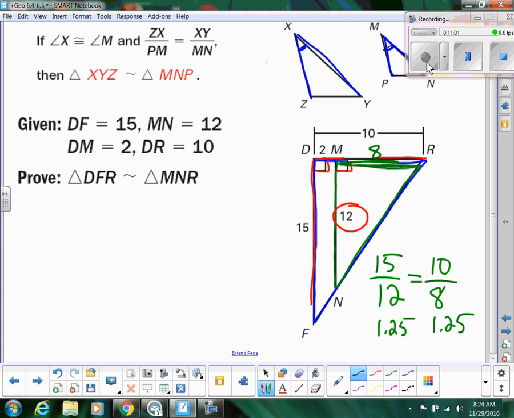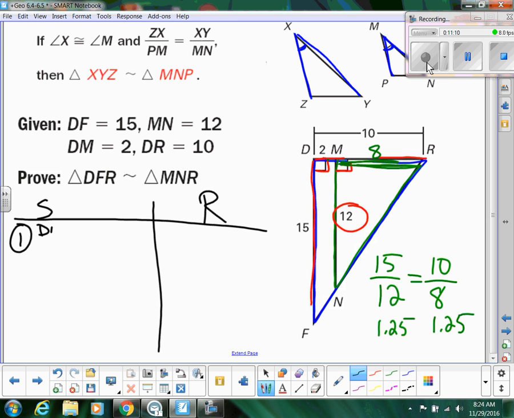So in our proof, we're going to write our given. I'm also going to put that angle, they didn't say it in the given, but it's in the diagram.